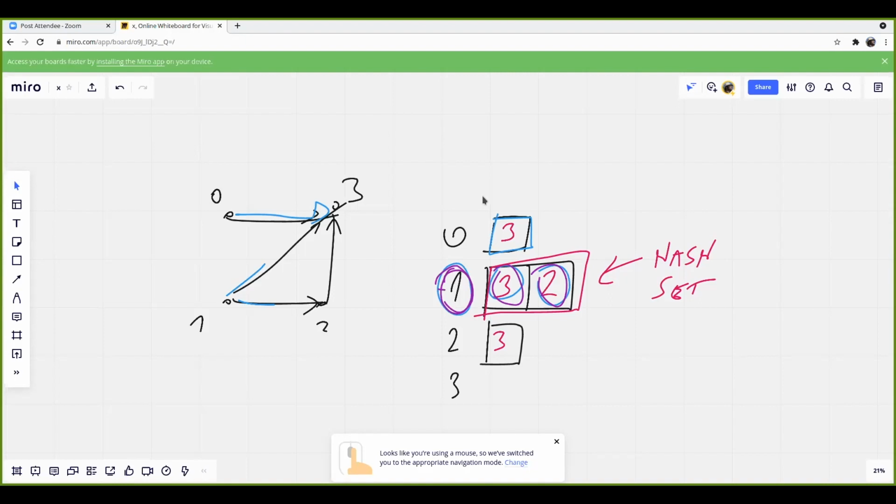You can both check for the presence of an edge. So if you are looking for the edge 1, 2, what you do is you look into the hash set for vertex 1, and in expected constant time, you query whether the value 2 is present in the hash set. And you can also iterate over the values stored in the hash set when you want to traverse all of the neighbors of a vertex.